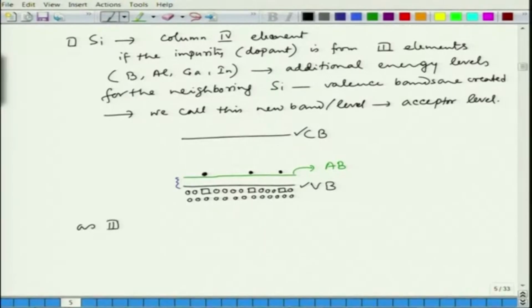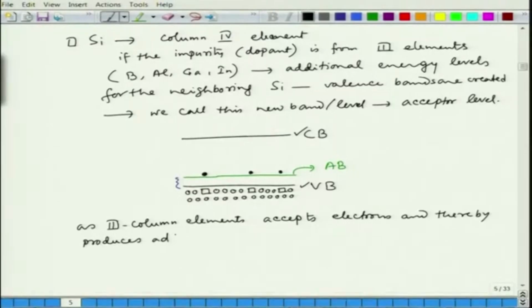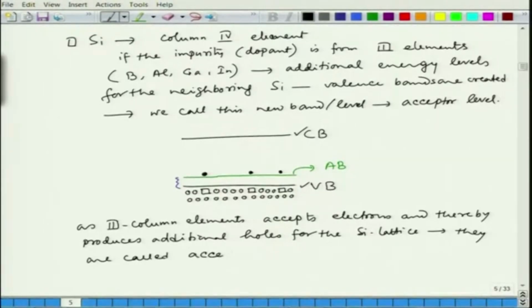So, as this third column element accepts electrons and thereby produces additional holes for the silicon lattice, they are called acceptor dopant, or acceptor impurities.